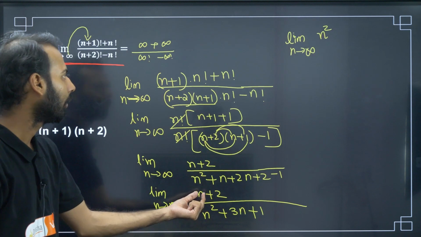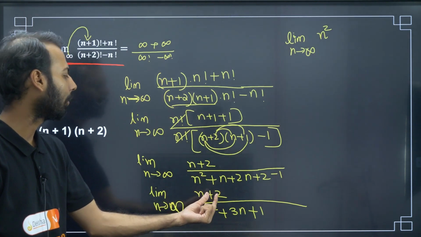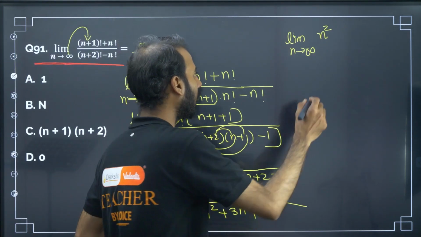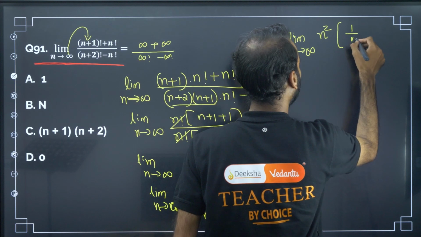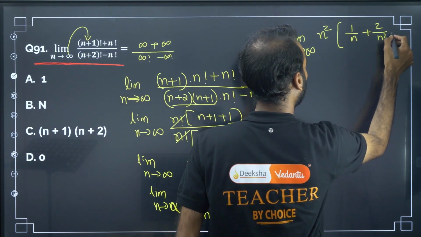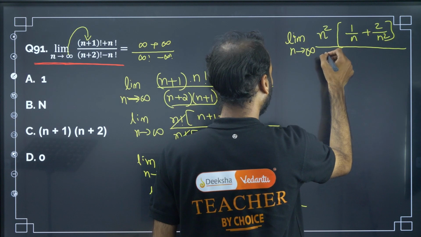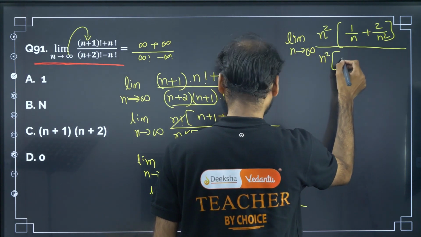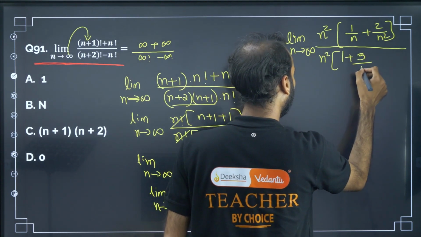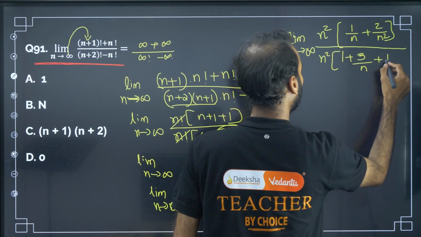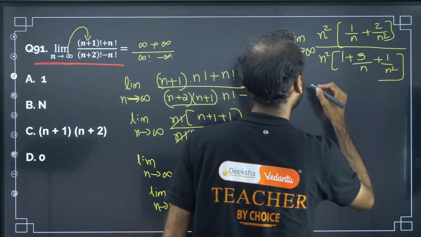The reason why I am taking n square common, you will get to know. Here we are left with 1 by n plus 2 by n square divided by n square, and in the denominator, taking n square common, I am left with 1 plus 3 by n plus 1 by n square.